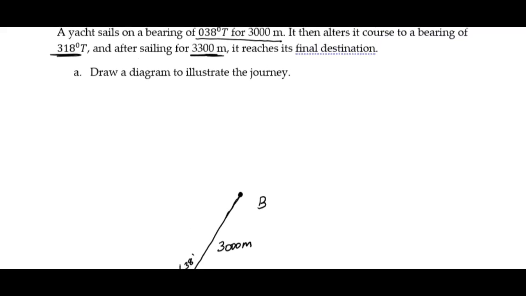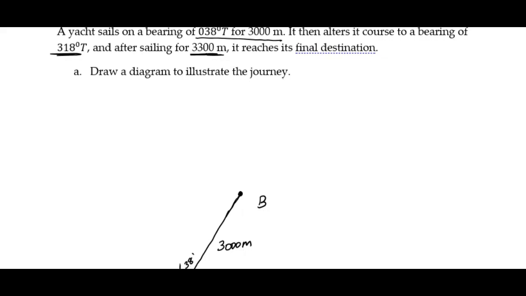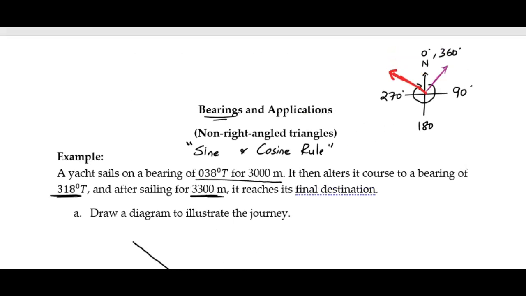From here onwards, the boat then travels for 3,300 meters on a bearing of 318 degrees true bearing. So we will have to draw another compass here. Obviously that's my north direction, so 318 degrees T. So 0, 90, 180, 270, and 270 plus 48 is going to get me to 318 degrees T. Which means the boat's going to travel, roughly somewhere there, for a distance of 3,300 meters.